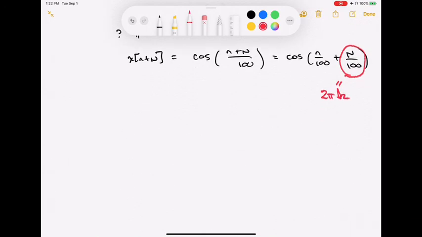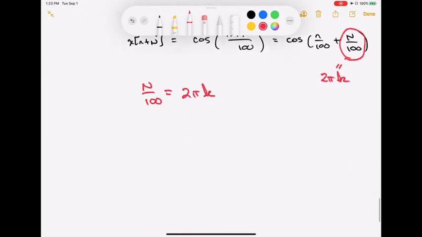So what am I going to test for periodicity? I need to know, is there an N by 100 that equals 2 pi k? I'm going to just write this in a slightly different way. I'm going to take both sides, divide by 2k. So if I divide both sides by 2k, I'm going to get here N by 200k as being equal to pi. And what does this say?